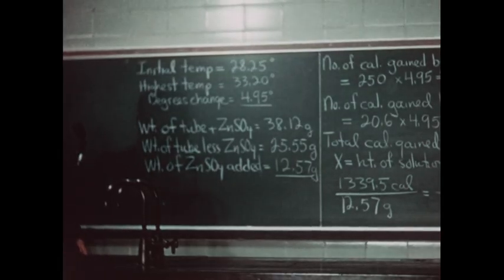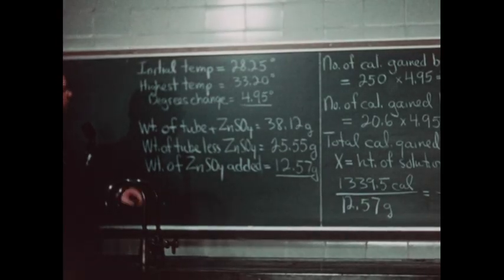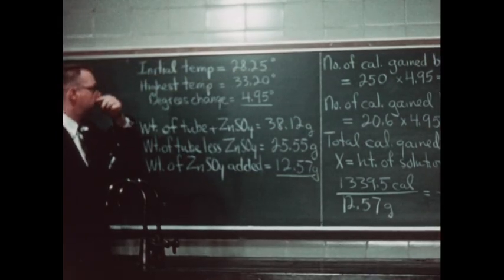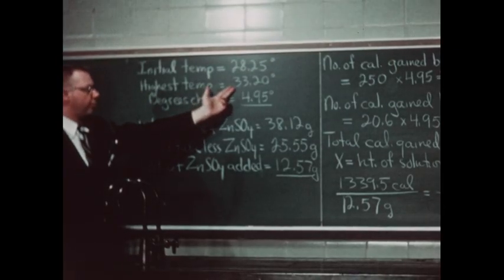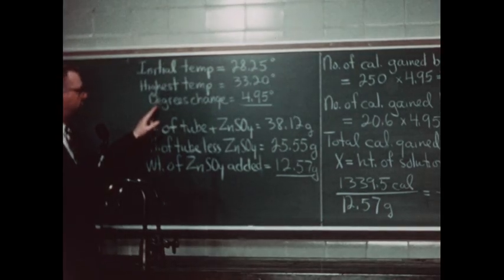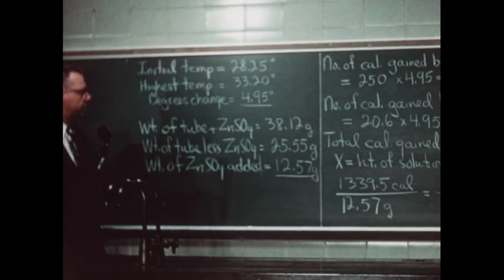We can now proceed to the calculation of the heat of solution of zinc sulfate. The initial temperature of the calorimeter and the water we found to be 28.25 degrees. The highest temperature which the system reached was, as you saw, 33.20 degrees. Therefore, the temperature change was 4.95 degrees.